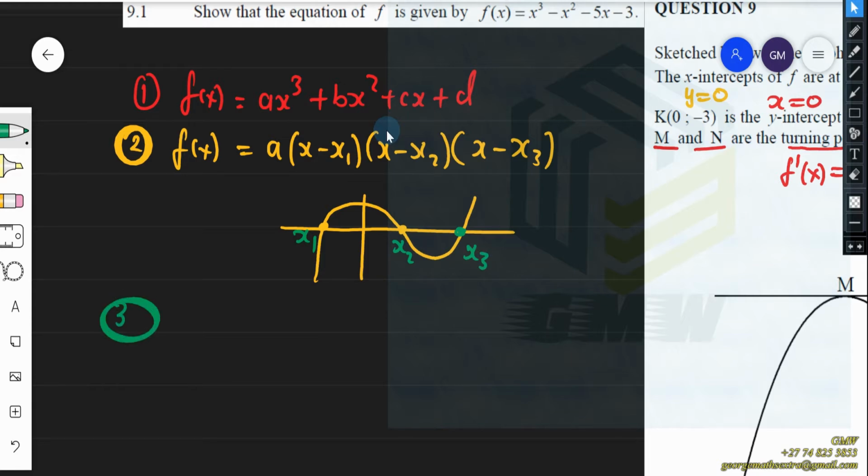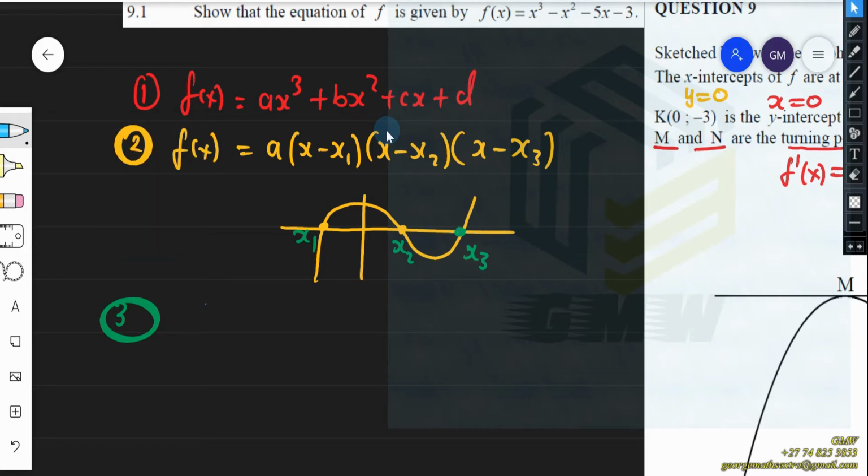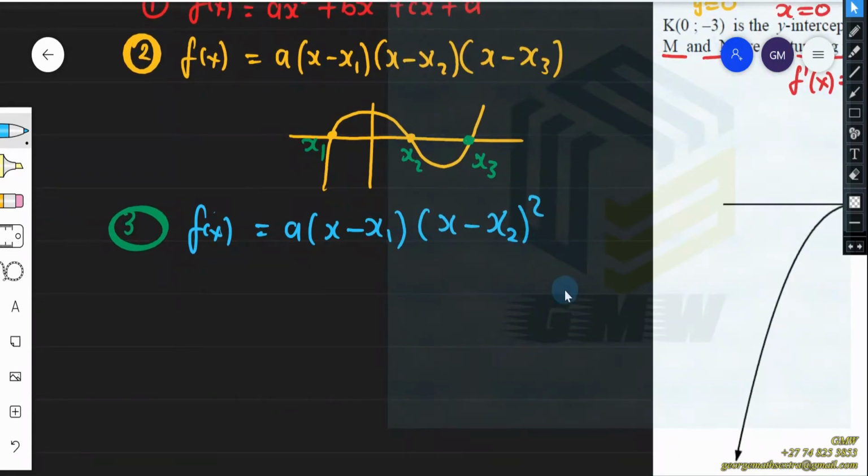Number three, we can write cubic polynomials as f of x equals a times (x minus x1) times (x minus x2) squared. This third one works if you have a cubic polynomial that is cutting the x-axis, and at one of the points it is turning at the x-axis.